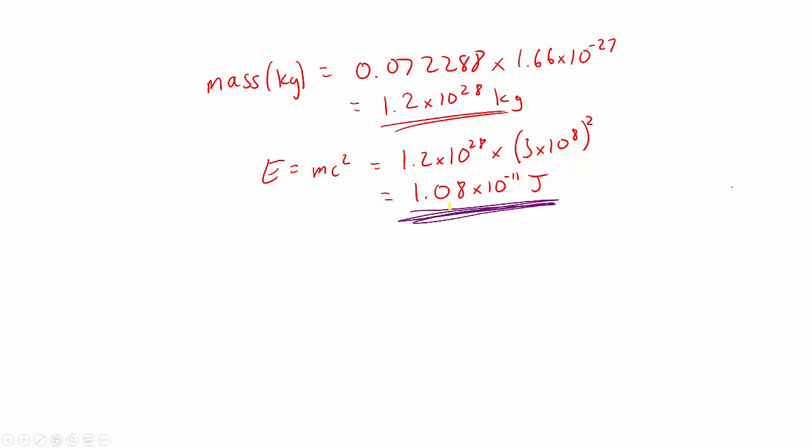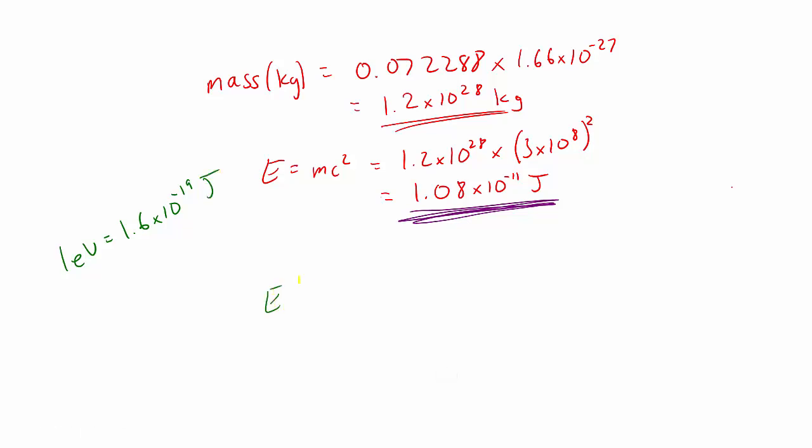But the last part of that question, which is probably the trickier one, is if I've got this number in joules, can I convert it to mega electron volts or to electron volts? So remember that 1 eV is going to be equal to 1.6 times 10 to the negative 19 joules.